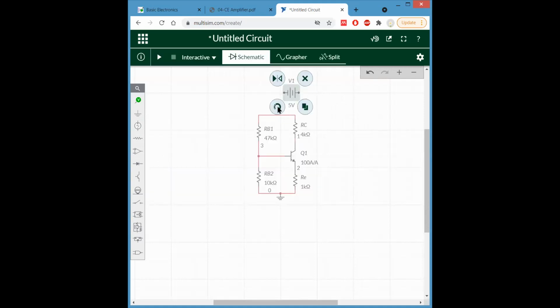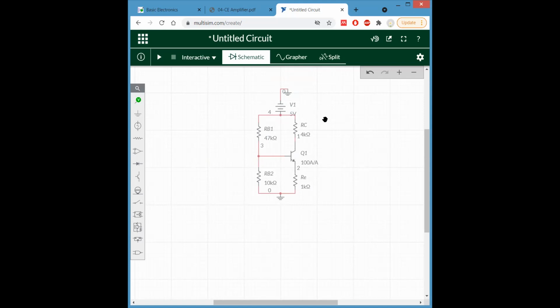Now let's rotate it because we have to connect the positive source to this terminal, and we can ground this. Okay, so as you can see, we have done with the biasing.